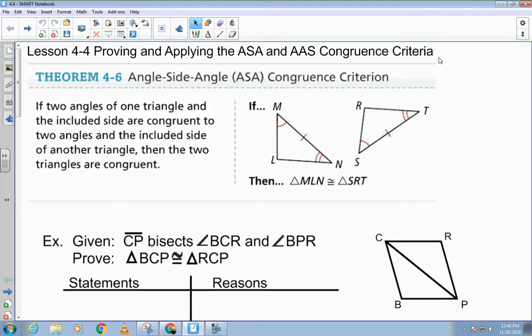We have a pair of sides and another pair of angles with a double arc. And you see how the sides are sandwiched between those two angles. That establishes angle, side, angle. The side has to be sandwiched in between the two angles. And that establishes congruency. Okay?